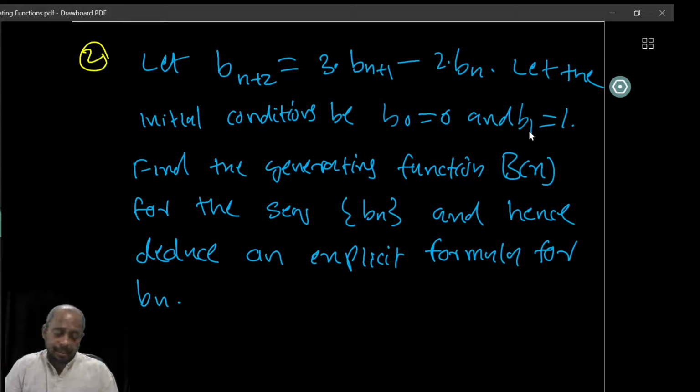Find the generating function b of x for the sequence b n and hence deduce an explicit formula for b n. This is the second question.